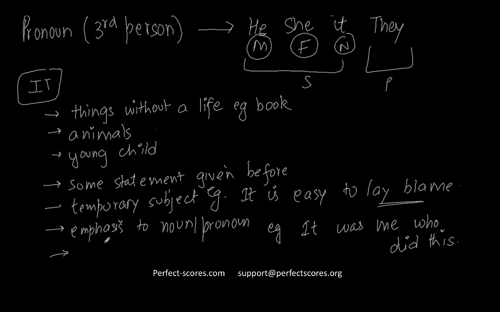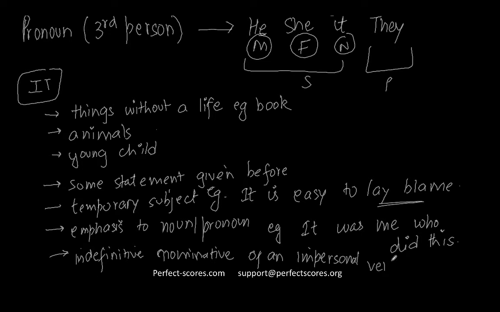And then it is also used as an indefinite nominative. So that is something technical. Indefinite nominative of an impersonal verb. For example, it rains a lot. So we're talking about a verb. In this case, it's not being used as a pronoun.